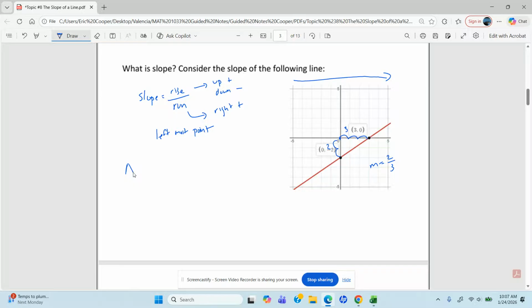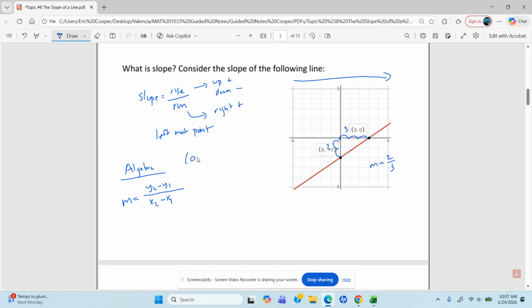One of the other ways that we can do it is using algebra. We do have a slope formula for this. M, which is the letter for slope, can be represented as the difference in the y values, y2 minus y1, over the difference in the x values, x2 minus x1.